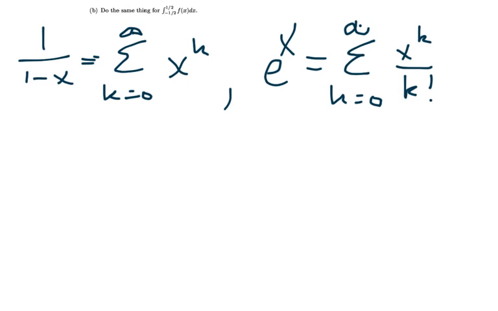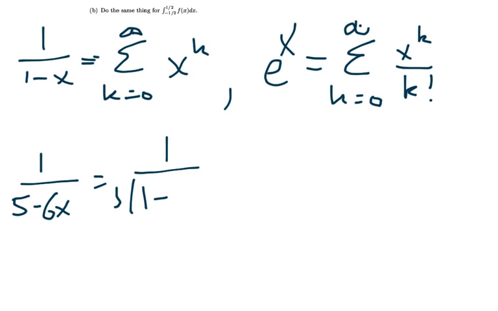So the way I'm going to work with this is I'm first going to look at 1 over 5 minus 6x. And what I'm going to try to do is I want this to look like 1 over 1 minus something. So the way I'm going to do that is I'm going to bring out a 5 from everything. So bring out a 5 on the bottom, and this becomes 6x over 5. Right?